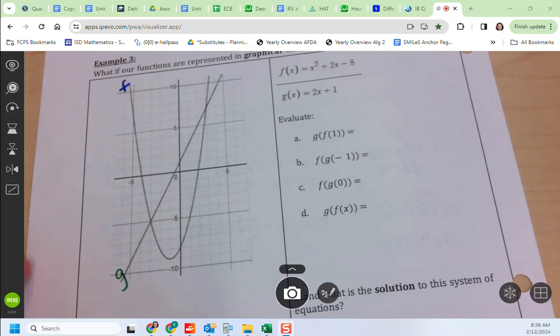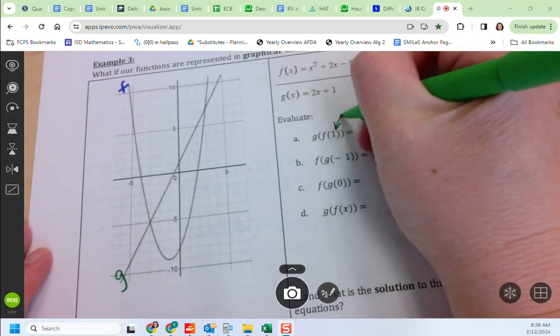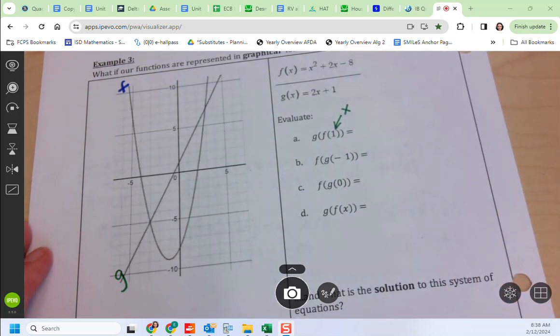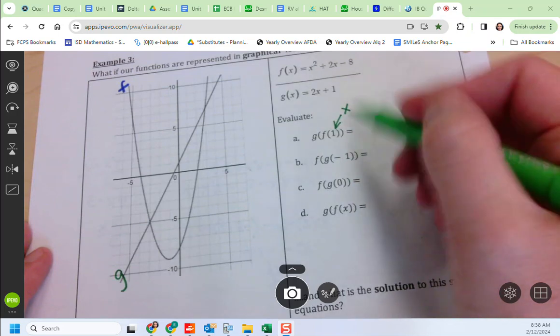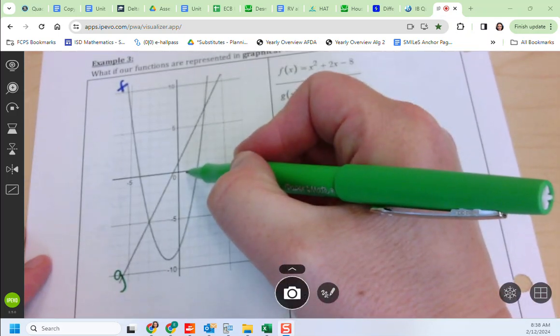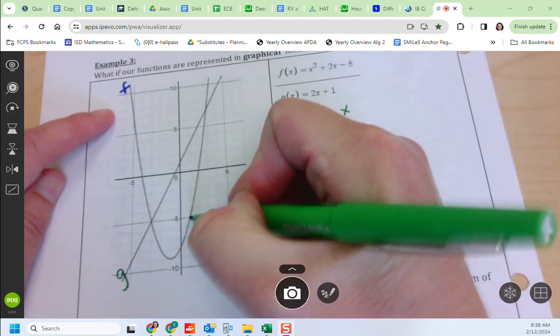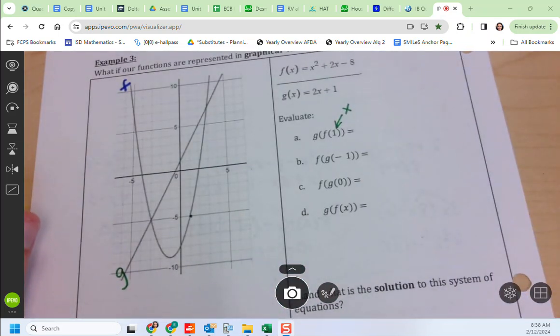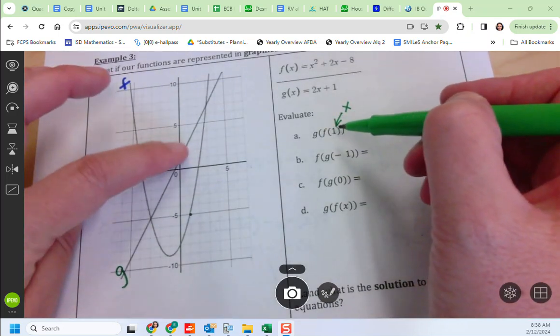Okay. So I'm going to do g of f of 1. 1 is the x. I'm going to start where x is 1, and I'm going to go first to function f because f is on the inside. So I go to 1, and I have to go to function f, which is down here. And I think it's right here. You see that? So f of 1, when x is 1, you get negative 5 out.